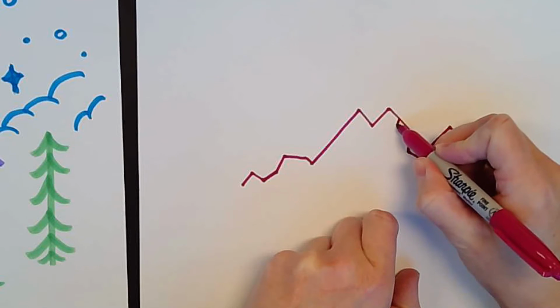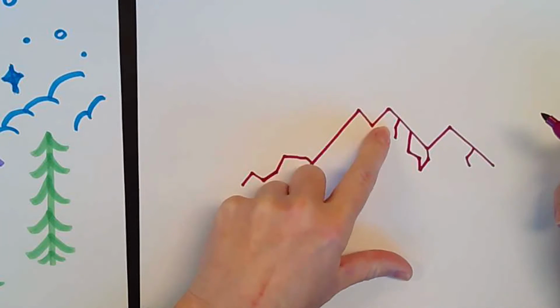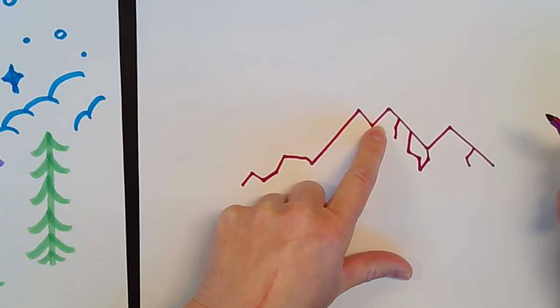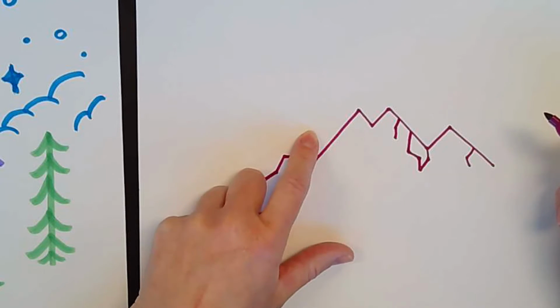Then we're going to make another little jagged line over here. Again, these don't have to look exactly like mine. We're just adding in some details to make it look a little more interesting.